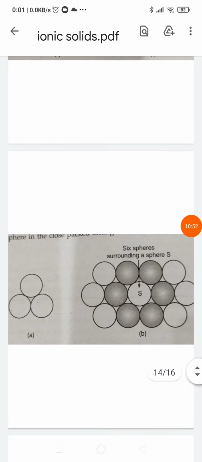We can build another layer above the first layer to extend the packing in 3 dimensions.